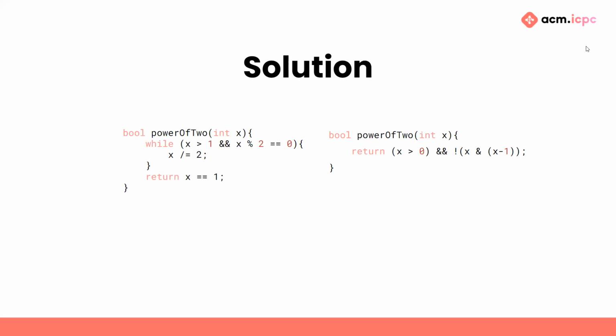But essentially what we're doing here is, let's say x is a power of 2. Then if you subtract 1, you'll get, okay, it's a bit hard to explain this, but let me see if I can explain this in chat. I think it might be a little easier.